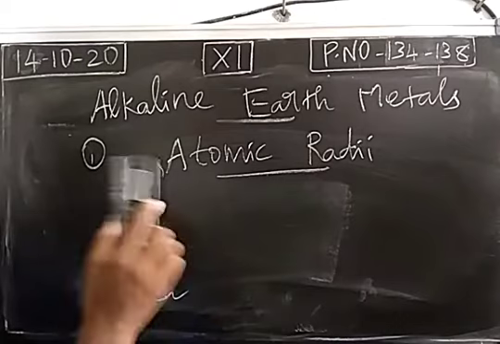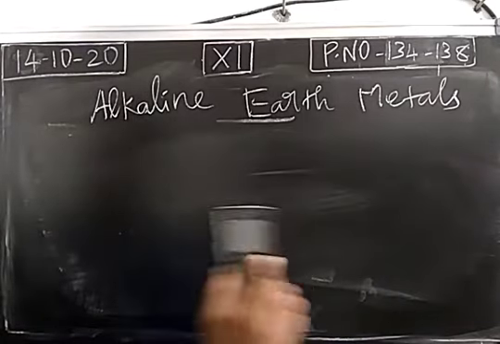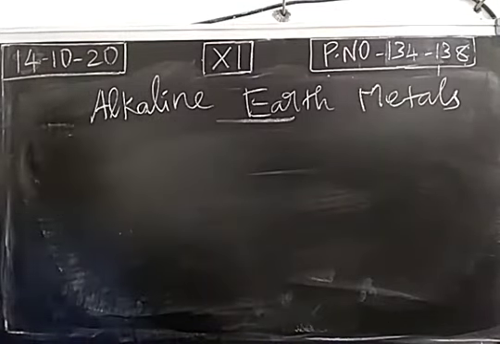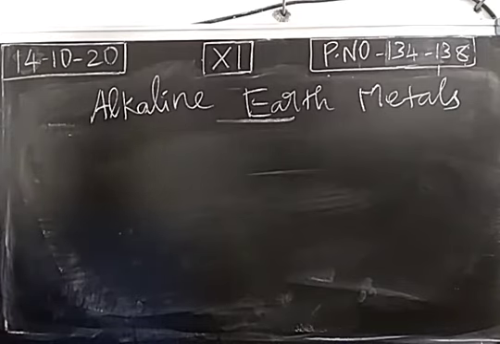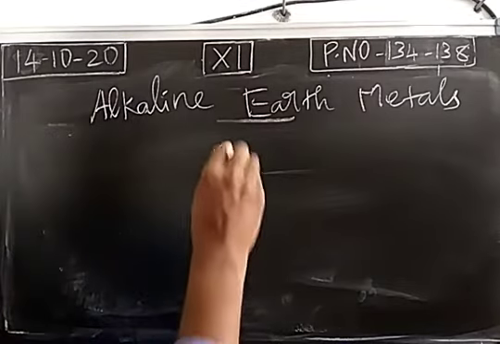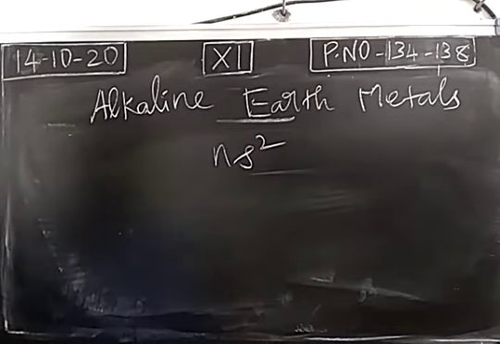Then what is the common oxidation state? ns2, right? Electronic configuration ns2, that means the oxidation state can be easily calculated as +2. So this is the common oxidation state of alkaline earth metals. If you take group 1 elements, lithium, sodium, potassium, rubidium, cesium, francium, they have the tendency of losing 1 electron to become like noble gas.